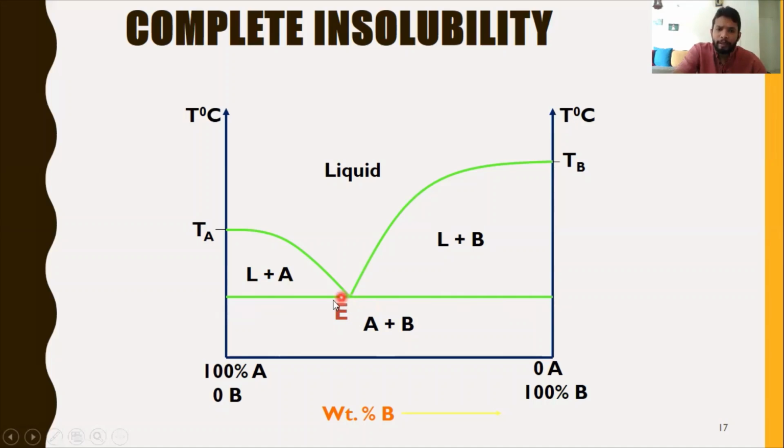Here there's a point. I have named it E, right? The speciality you will see here is if you come along somewhere here, let's say line 1. If you come along line 1, it is liquid, then it becomes liquid and solid A, then it becomes A and B. Okay. So this is the normal way we see something solidify.